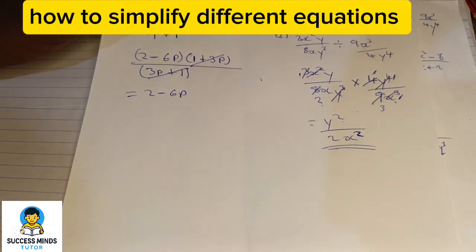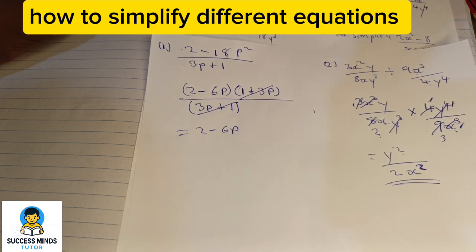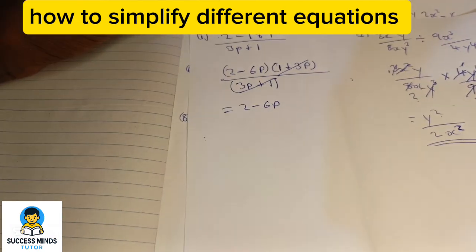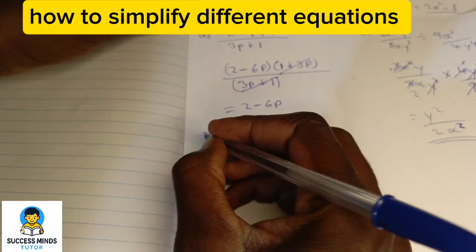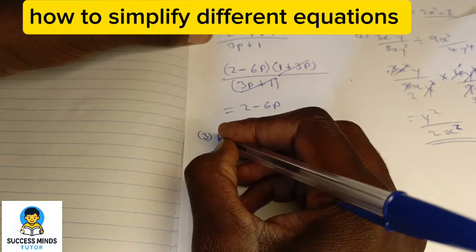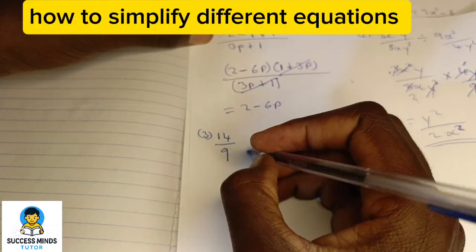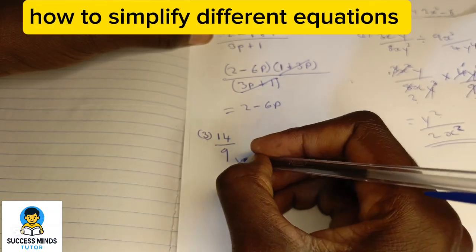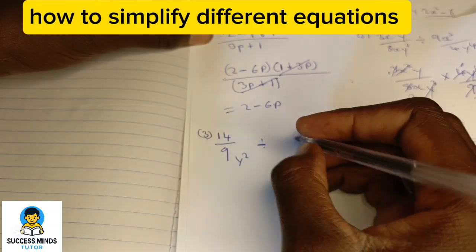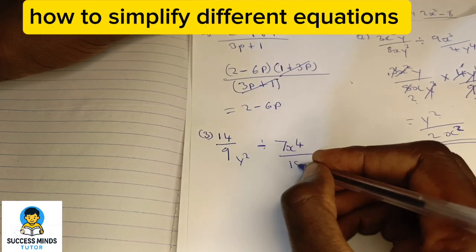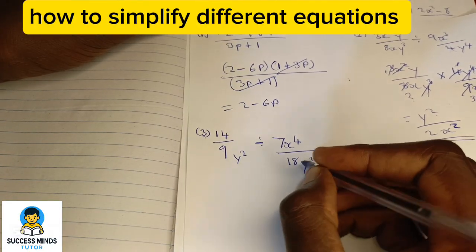So we are going to question number 3. Question number 3 is the same as question number 2. It says 14 over 9y squared divided by 7x to the power 4 over 18y to the power 3.